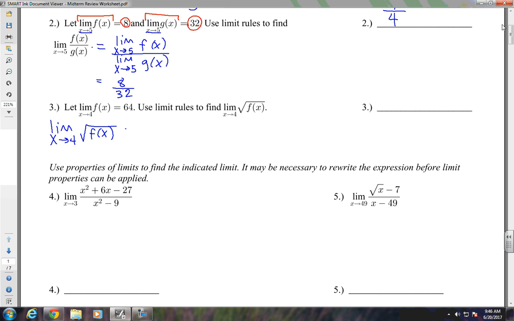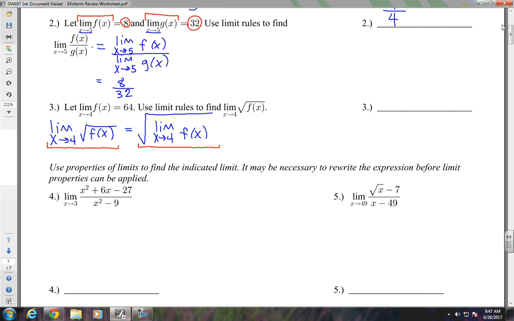So what we're going to do is transfer this limit operator to the meat of this problem, and the meat of that problem is that function f of x, and switch it with the outside operation there, which is the square root. So the limit as x approaches 4 of the square root of f of x is the same thing as finding the square root of the limit as x approaches 4 of f of x.